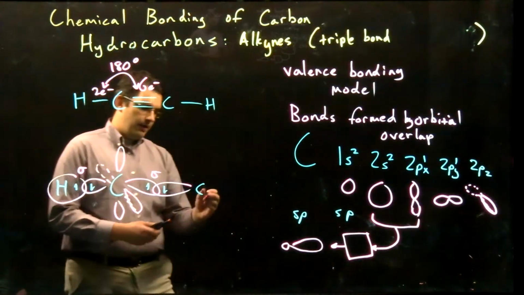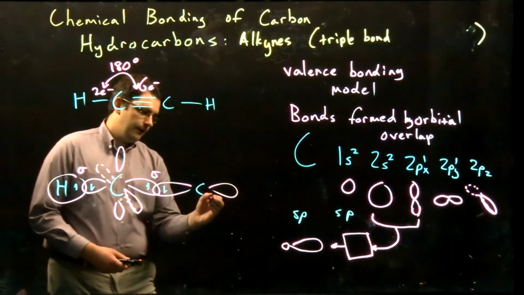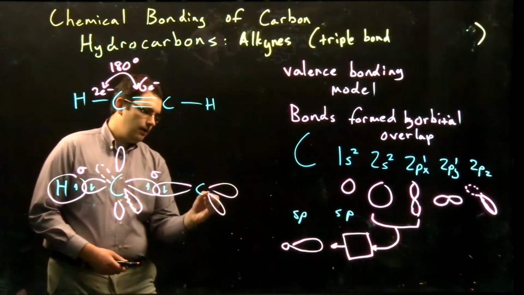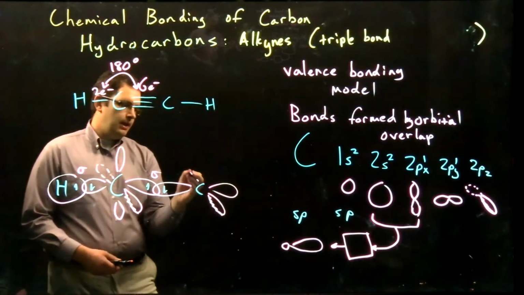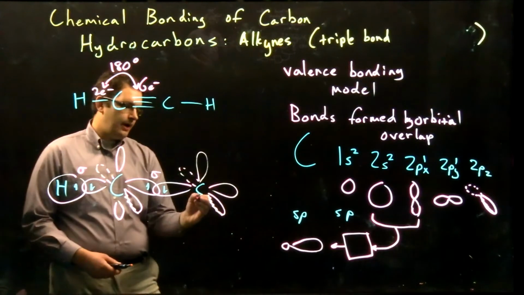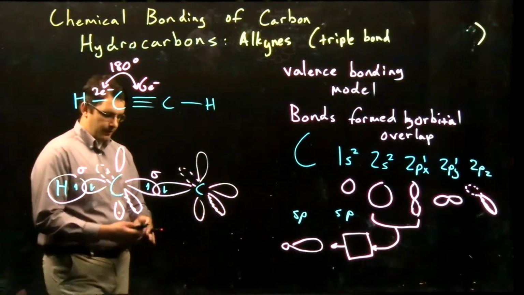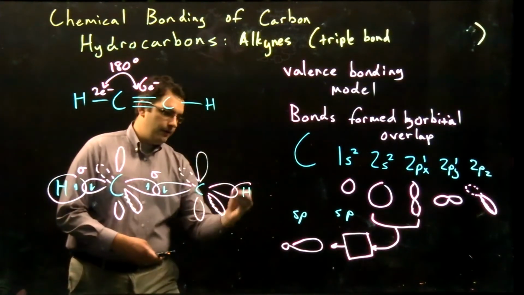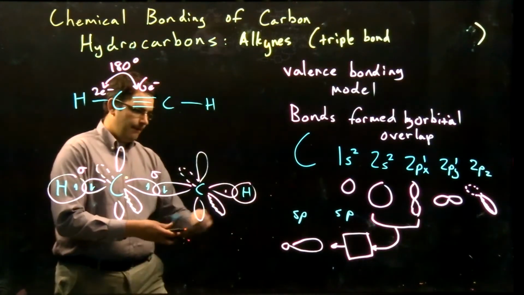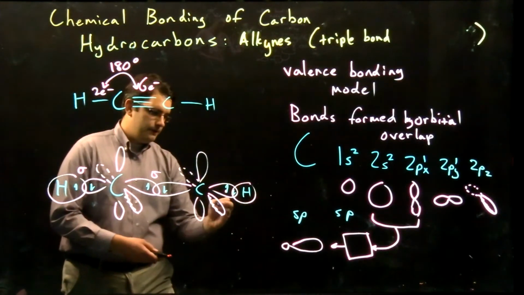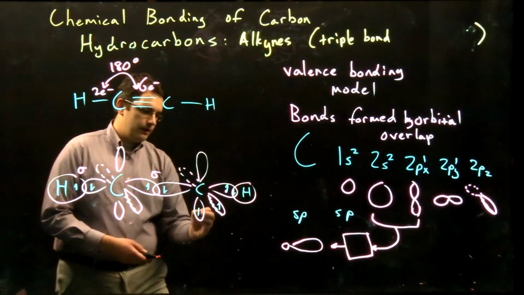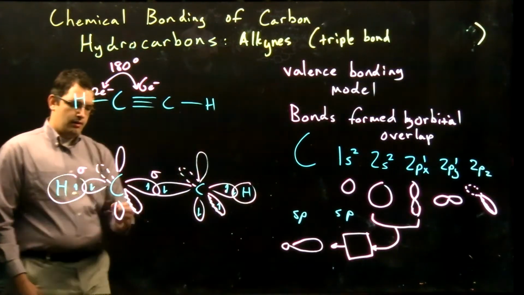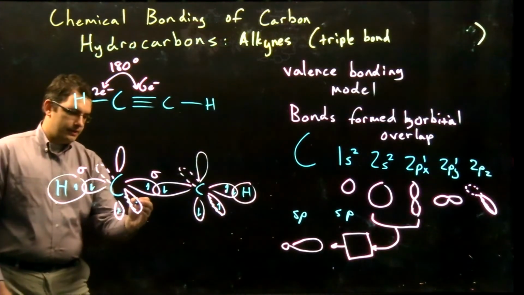I'll draw the same thing over on my other carbon. There's the sp. Here's the one coming out towards me, going back towards you guys, and then the one on top as well. I'll just go ahead and fill in my hydrogen also. And I've got my electrons: 1 electron in each p orbital, and 1 electron in each sp orbital.